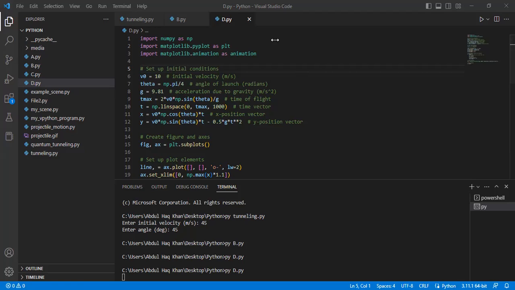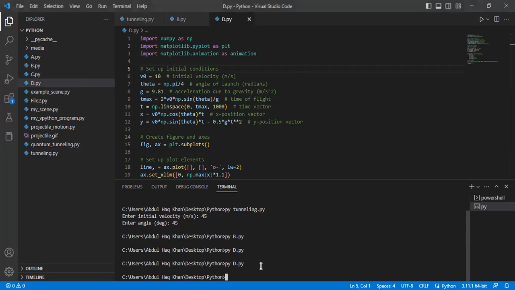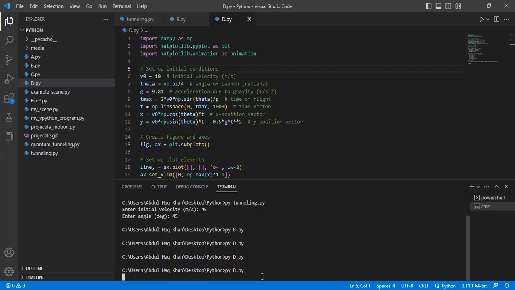I have also developed one more code, where the initial velocity was taken as 10 meters per second and theta as 45 degrees. Now I am going to run the second Python file. It shows the results directly and is only plotting based.